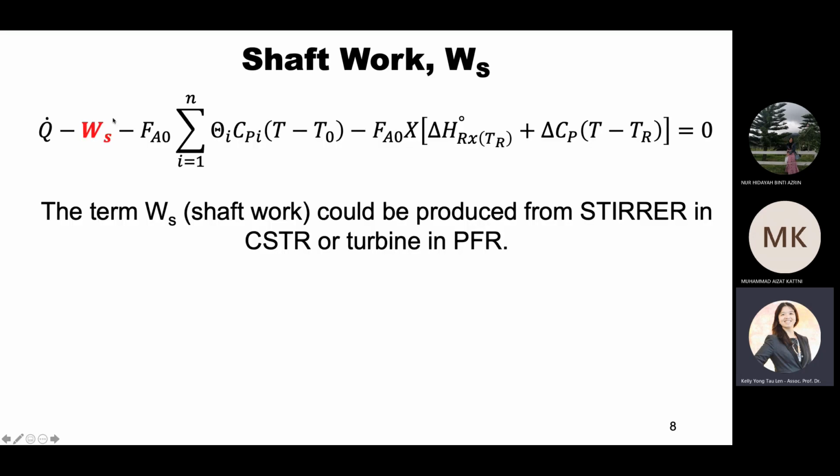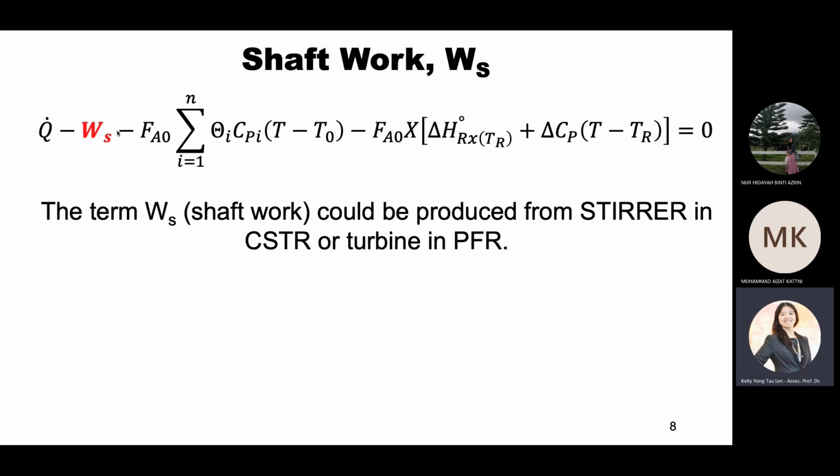Next one is Ws. Ws ni kalau kamu perasan, we have learned in other courses, it always refers to work done. And in this case is Ws, shaft work, or work done by the reactor. So depends. If you're talking about CSTR, the shaft work is actually referring to the work done by the stirrer.